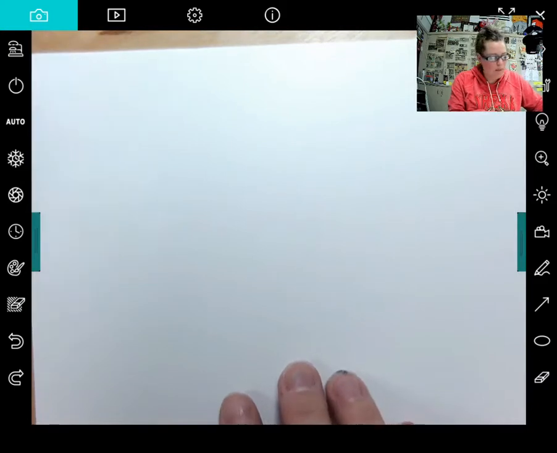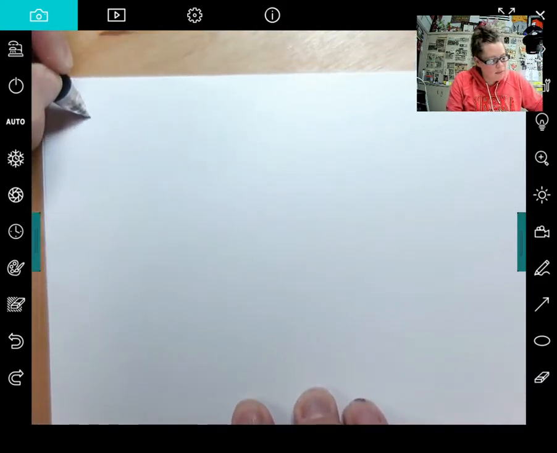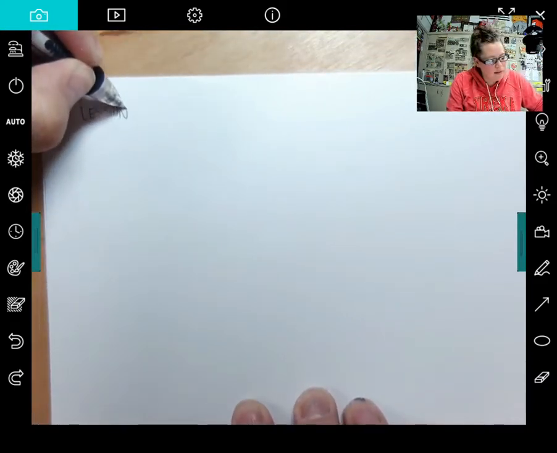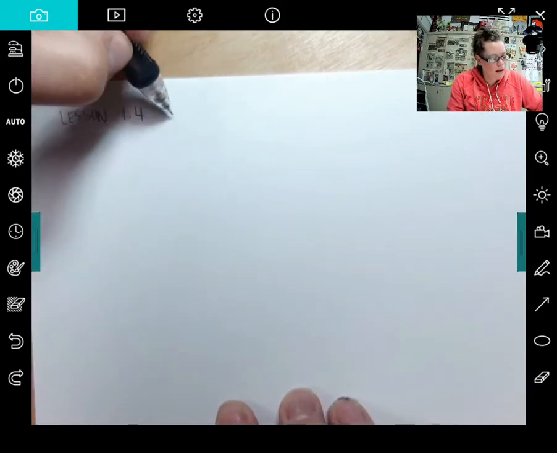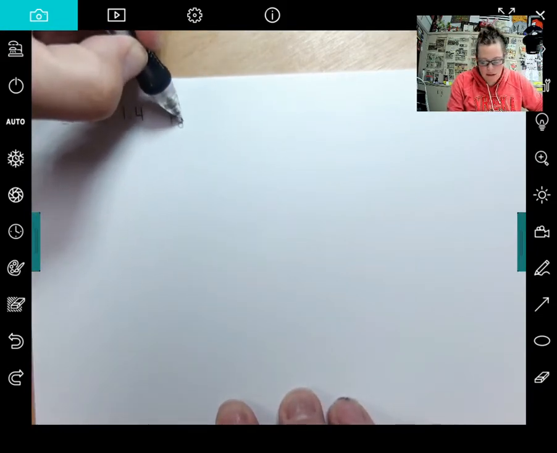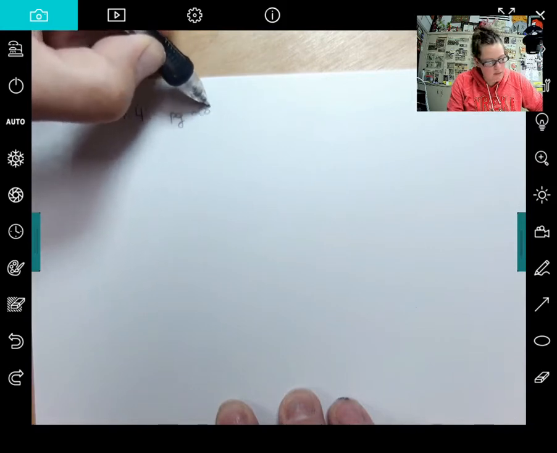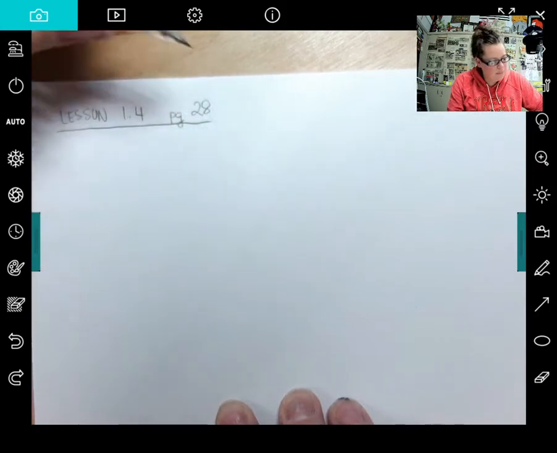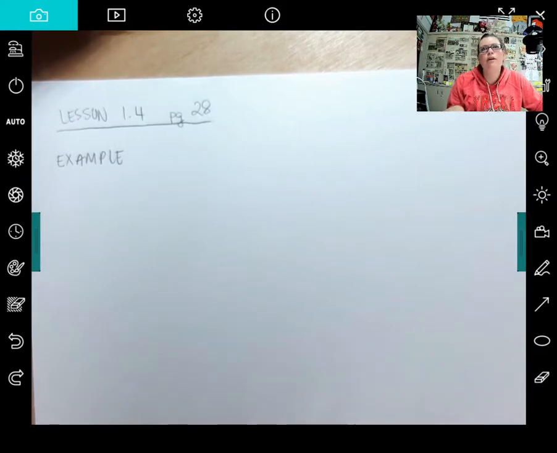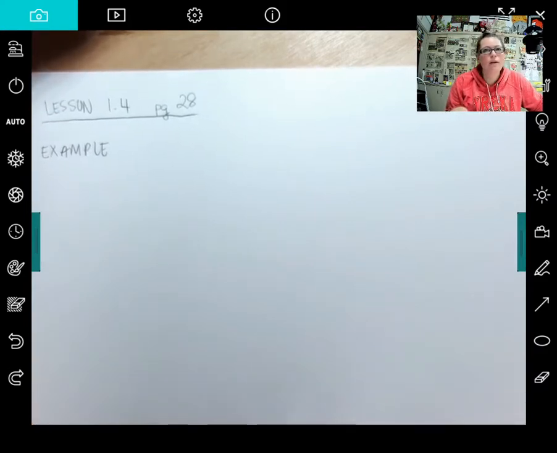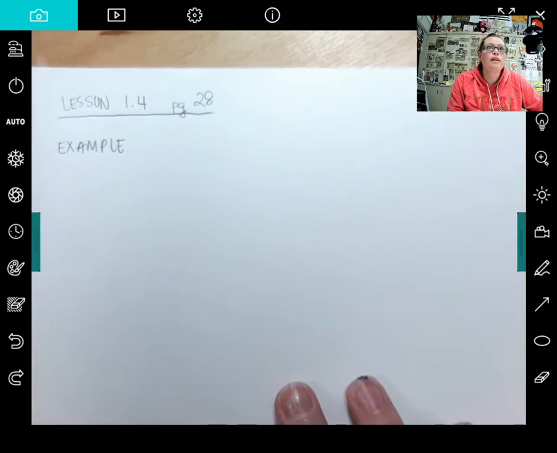Example 1 is on page 28. Lesson 1.4, page 28. The first example that we are given deals with the property of exponents when we have a 0 or a negative exponent.